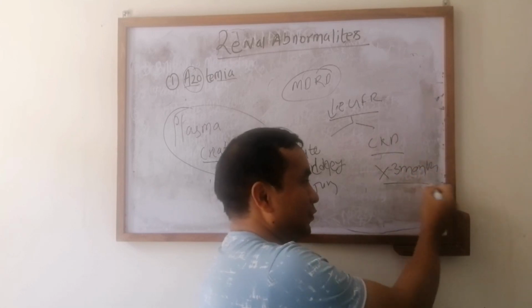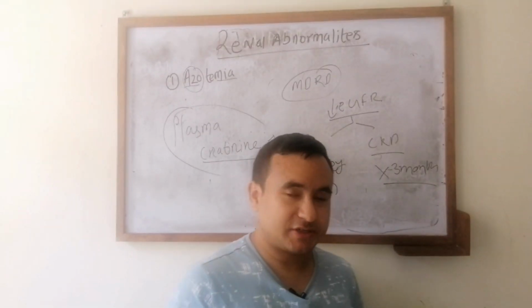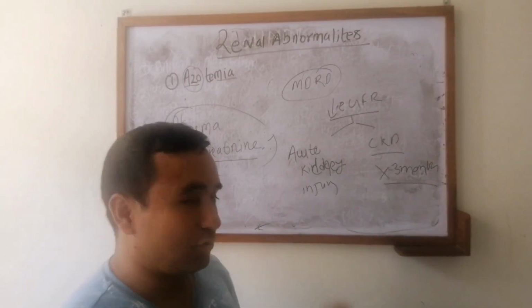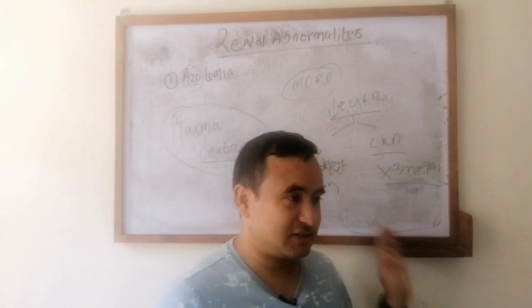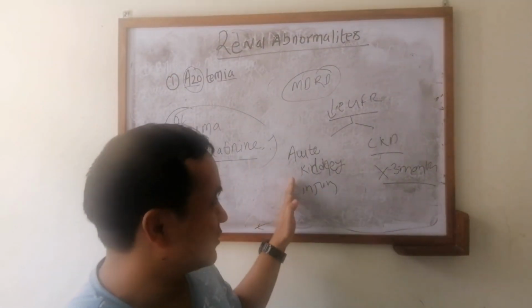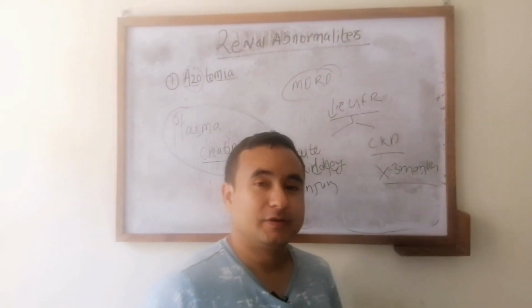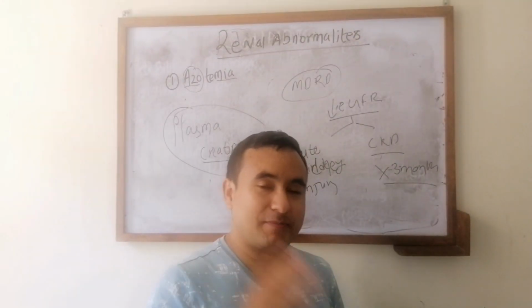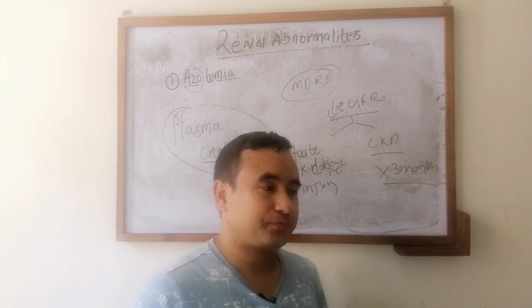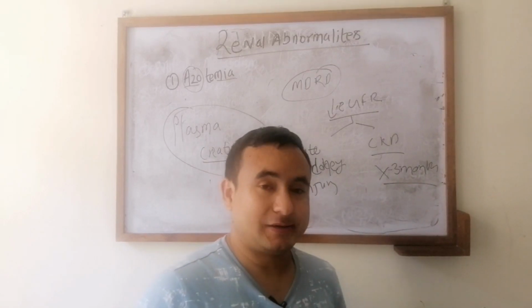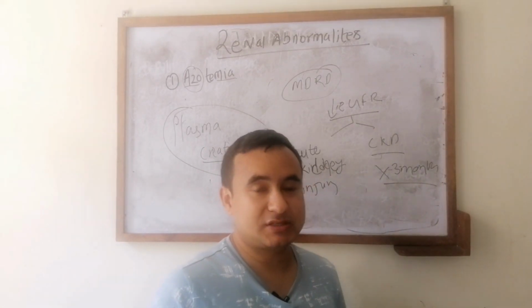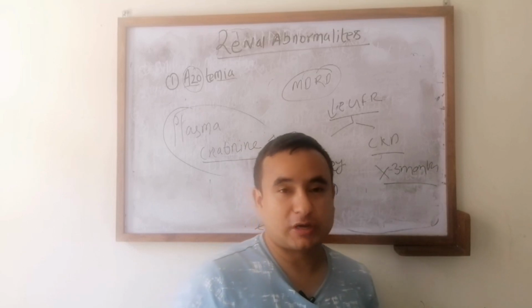As we have different other presentations in CKD and AKI, we won't discuss much about these things, but I will tell something about AKI. There can be kidney impairment because of pre-renal injuries, renal injuries, or post-renal injuries.